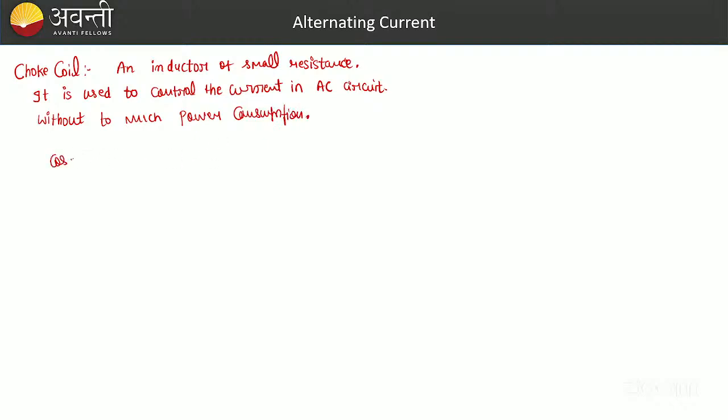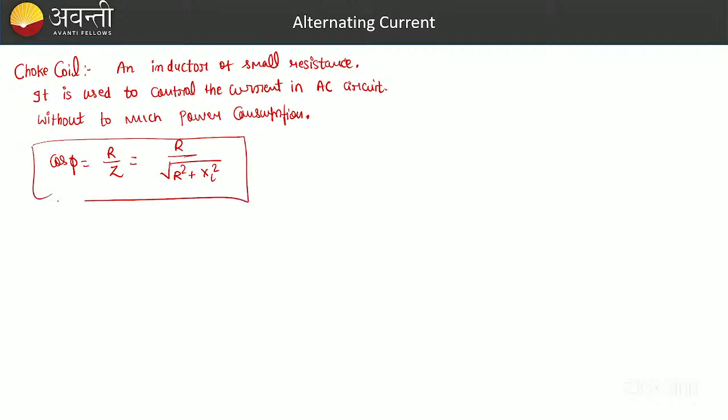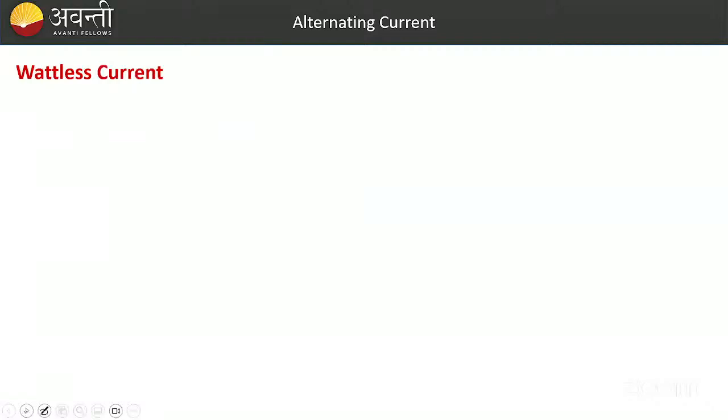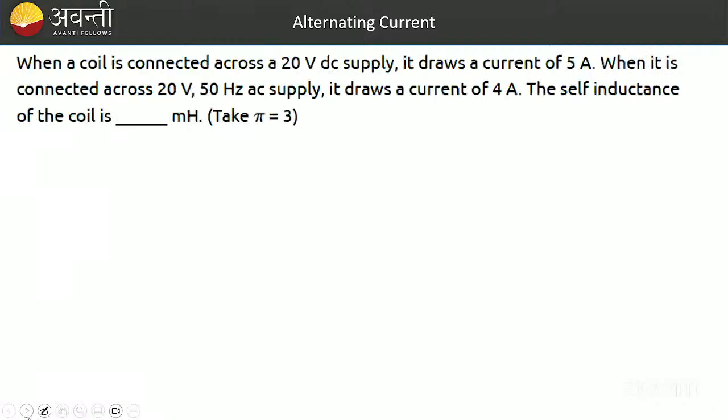Here cos phi is given by R by Z, and since this is an inductor only, it will be R upon square root of R square plus XL square. This is the choke coil. Now, I have told you about wattless current. Now just try to solve this question.